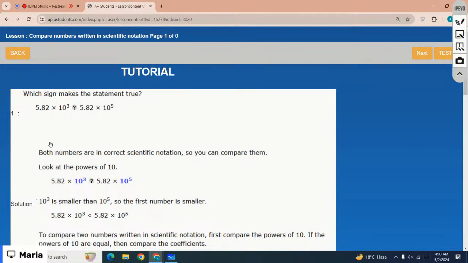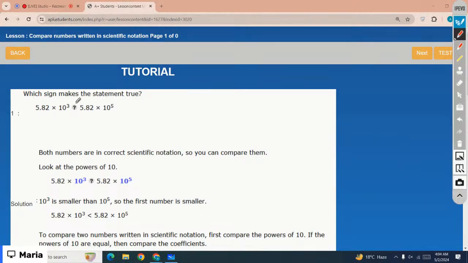Which sign makes the statement true? Basically, when we compare numbers in scientific notation, we look for the exponent of 10, right? For example, here the exponent is 3 and here the exponent is 5. So 5 is greater than 3, right?